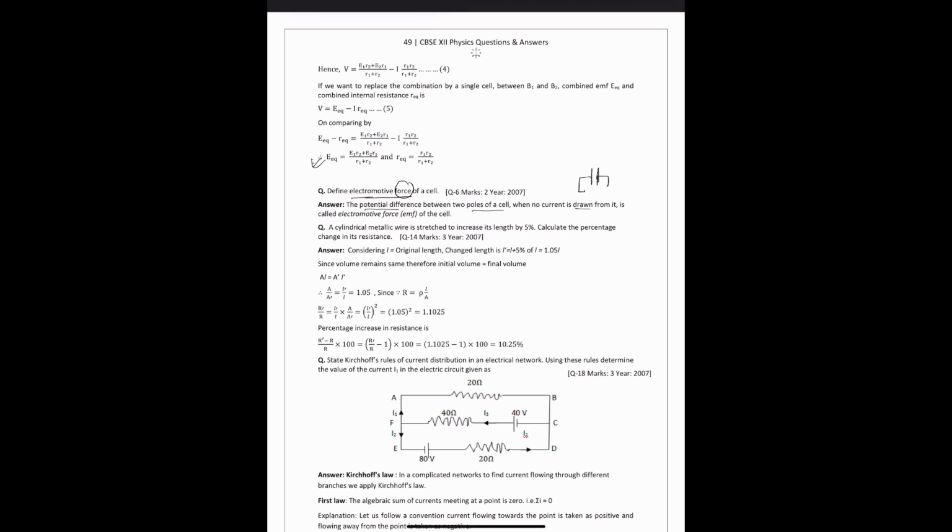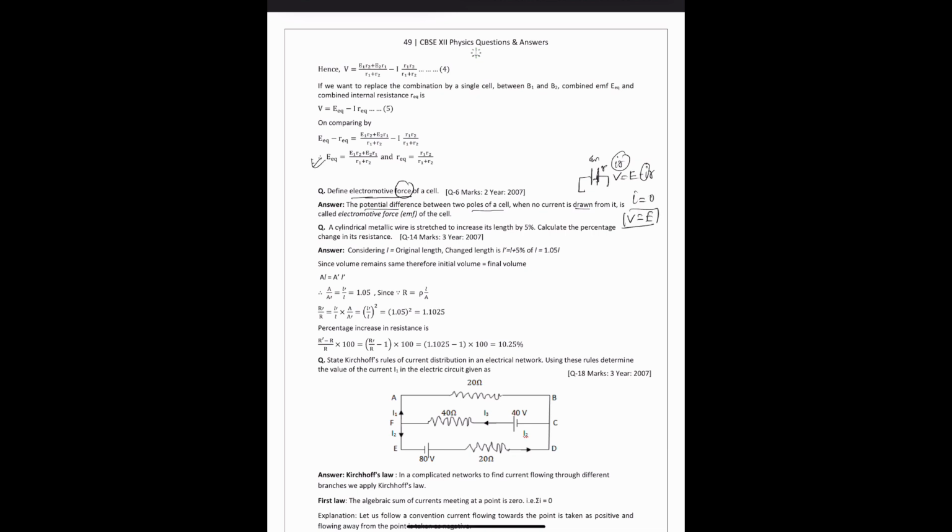When current flows in the circuit, the internal resistance of the cell comes in and another energy is consumed, that is I into R. So the effective EMF decreases by IR. If I is equal to 0, no current flows in the circuit, then V equals E.